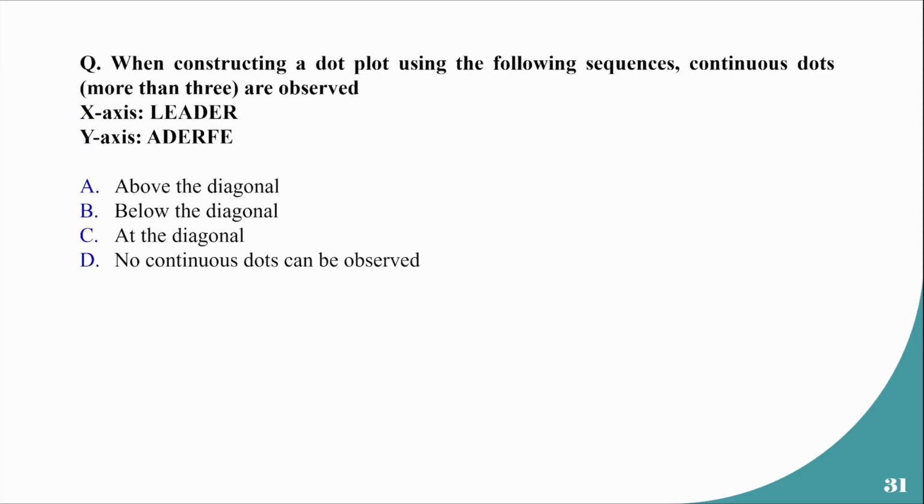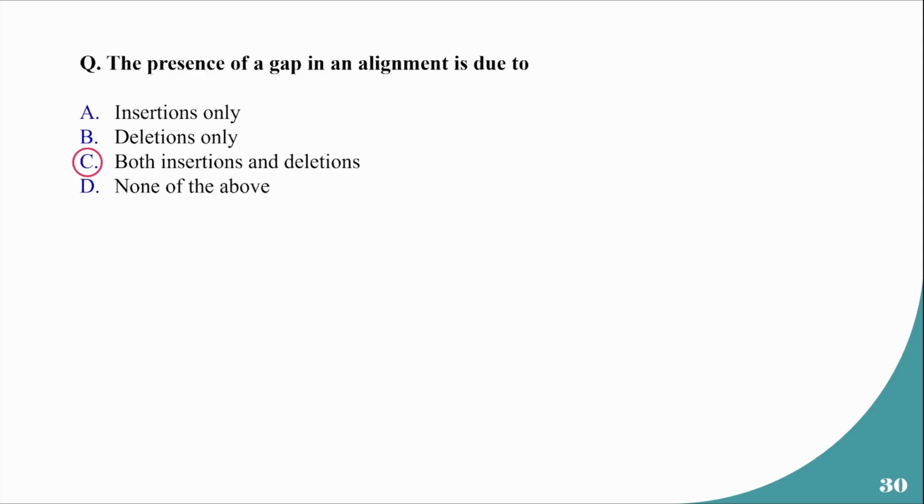Okay. Now, we'll start on the concepts of alignments. So why do we need to align sequences? Basically, what alignment tells us is the comparison between different sequences, right?